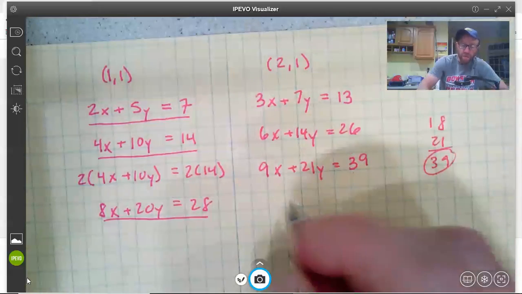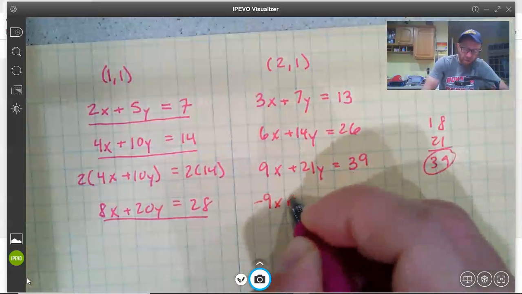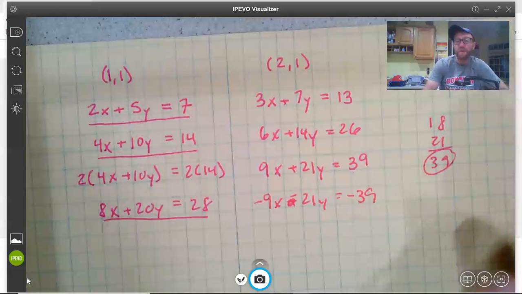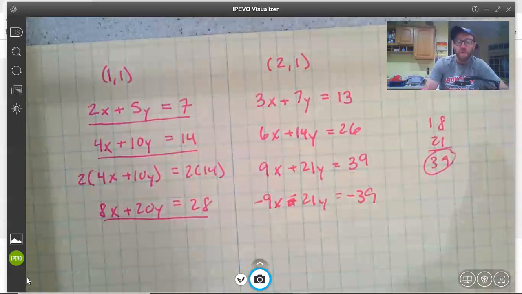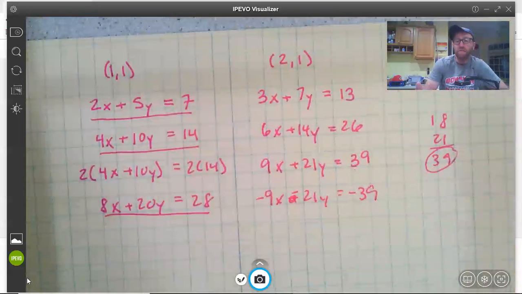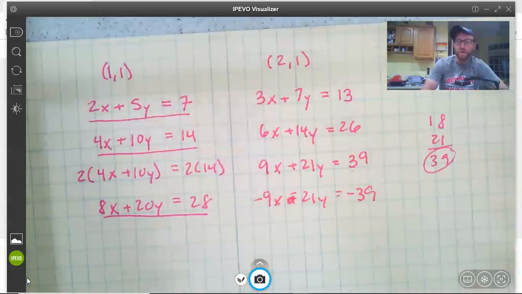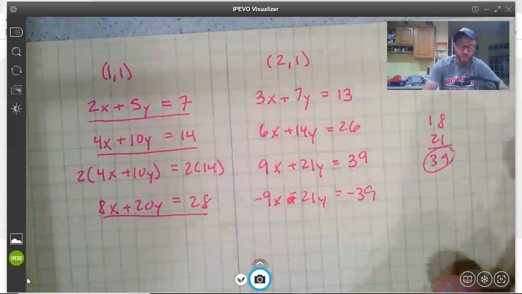I could multiply everything by -1. I'd have negative 9x minus 21y equals negative 39. It still works. So as long as I multiply both sides by the same amount, then I still have an equation that has the same solution set, same ordered pairs will make it true, and if I graph it, I get the same line.